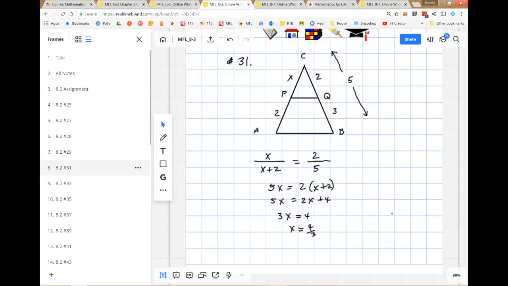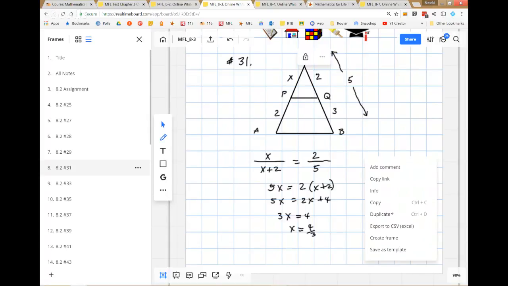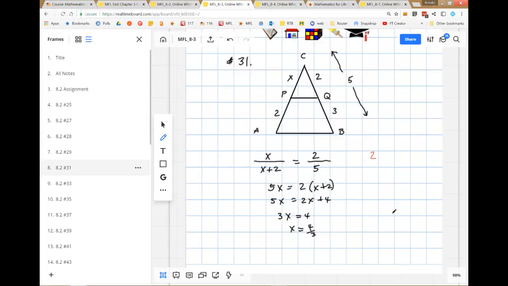So okay, you said 2 is to 3 as x is to 2. Yep, same result.